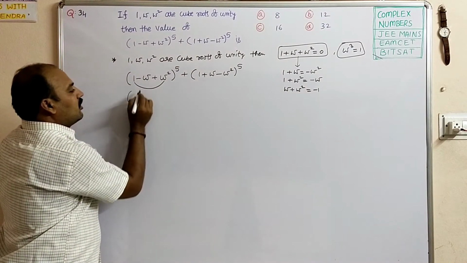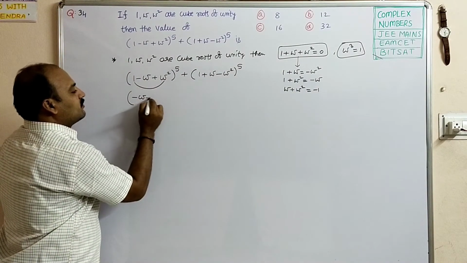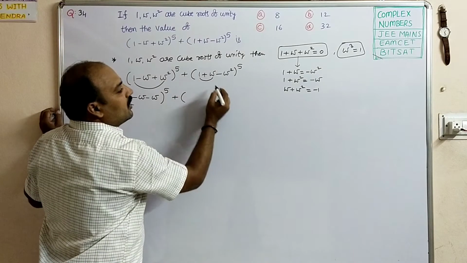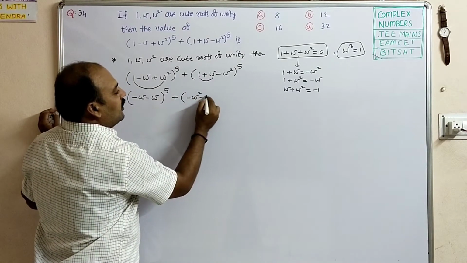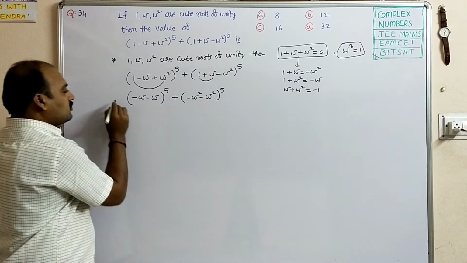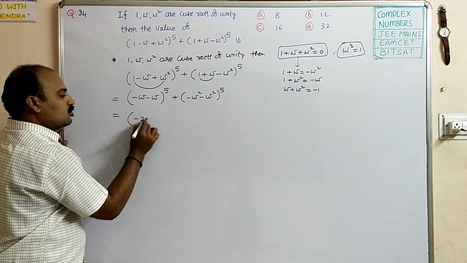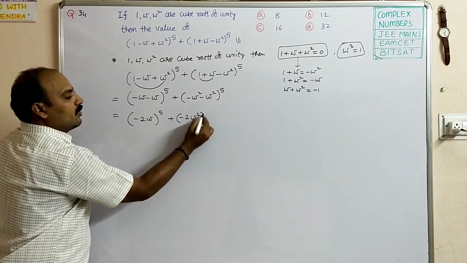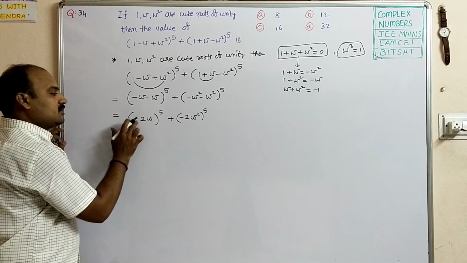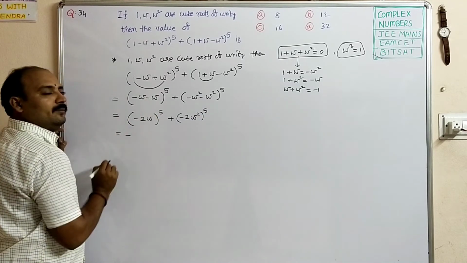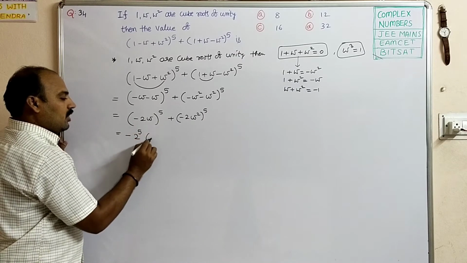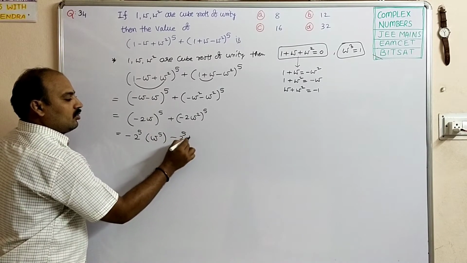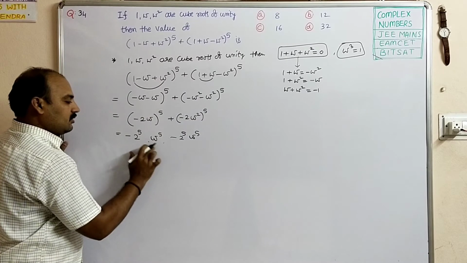So we can write it as, already minus omega is there, (1 plus omega square is minus omega) whole power 5 plus (1 plus omega value is minus omega square) whole power 5, which is minus 2 omega whole power 5 plus minus 2 omega square whole power 5, which is equal to minus whole power 5 is minus only will come, 2 power 5 omega power 5 minus 2 power 5 omega power 5, going into keep bracket.